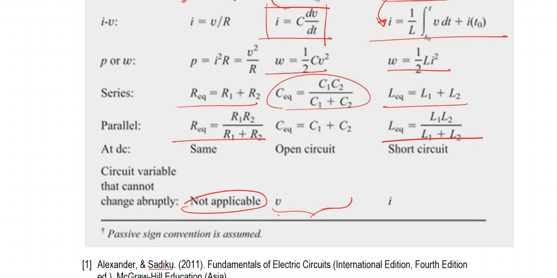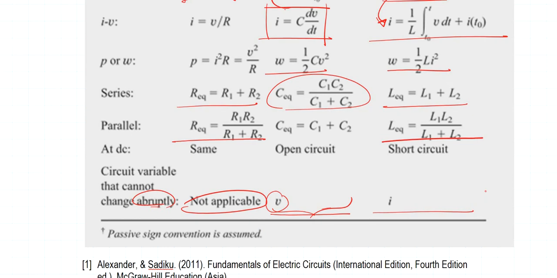That's why it says here it cannot change abruptly, or sometimes it is stated that the capacitor is a device that resists any change of voltage, which of course means instantaneous voltage, because it cannot change abruptly.